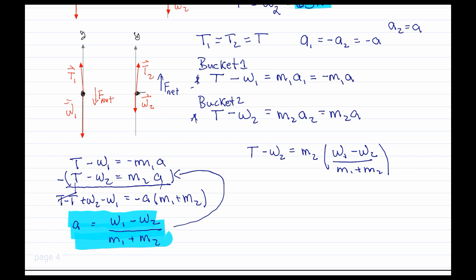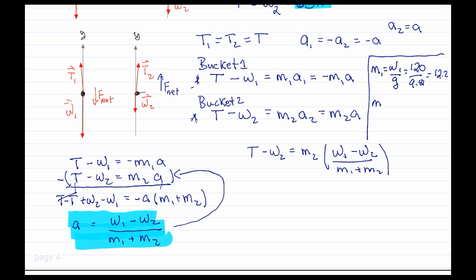Okay, now there's a couple of things we need to note. First of all, m1 is just W1 over the acceleration due to gravity. So that's 120 divided by 9.81, which I believe is equal to 12.2 kilograms.